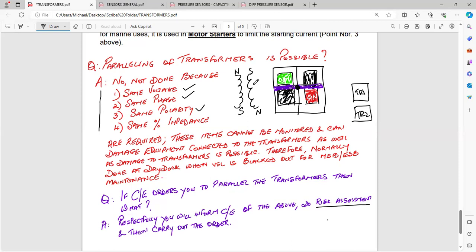So then your impedance is going to change, no? So barring your voltage, which you can say can be the same, the rest you do not know. And therefore, if you're going to parallel it, then you can land up with damage to the items that are connected to your secondary.